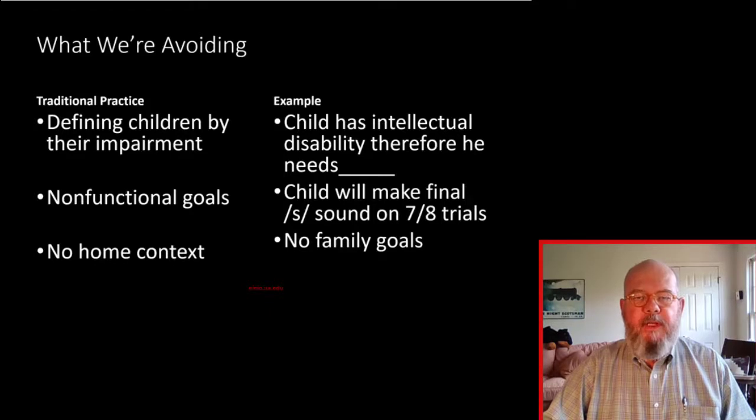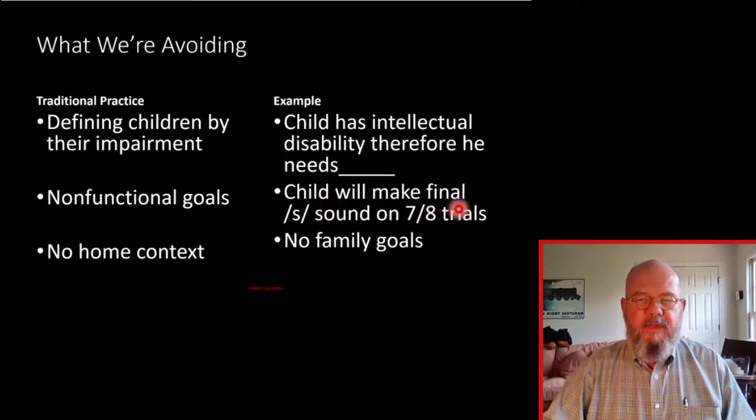For example, the child will make the final S sound on 7 of 8 trials. This goal is non-functional because making final S sounds out of context means nothing. So we could have a child just working on saying desks without any kind of context.